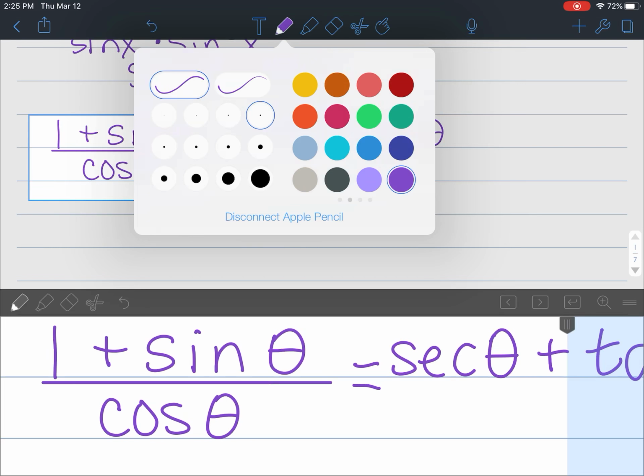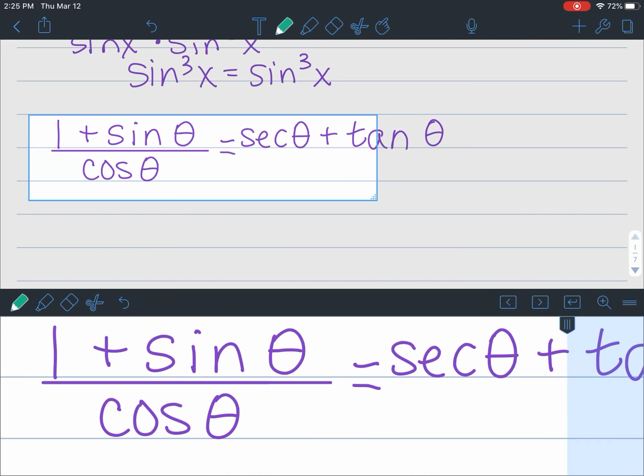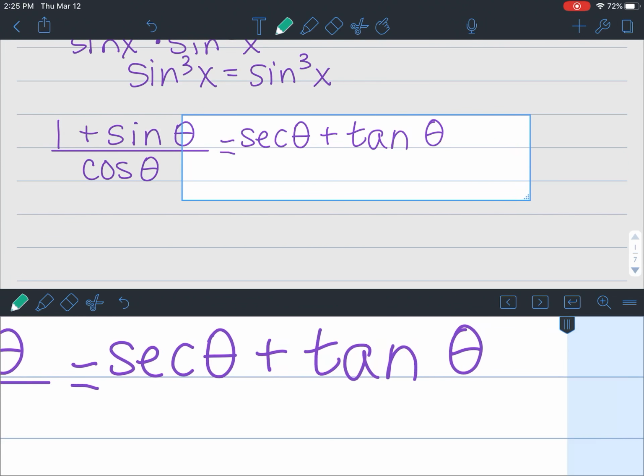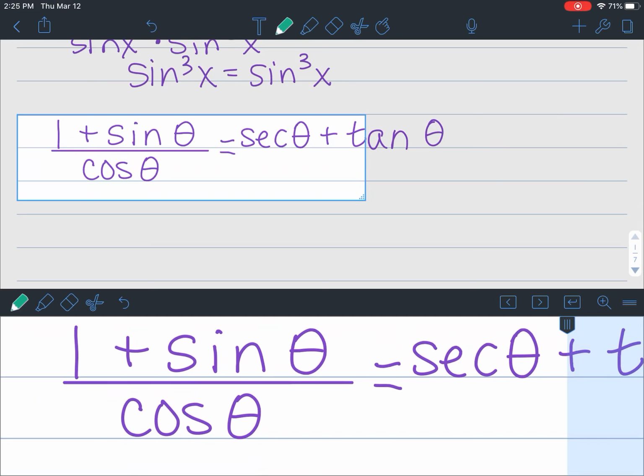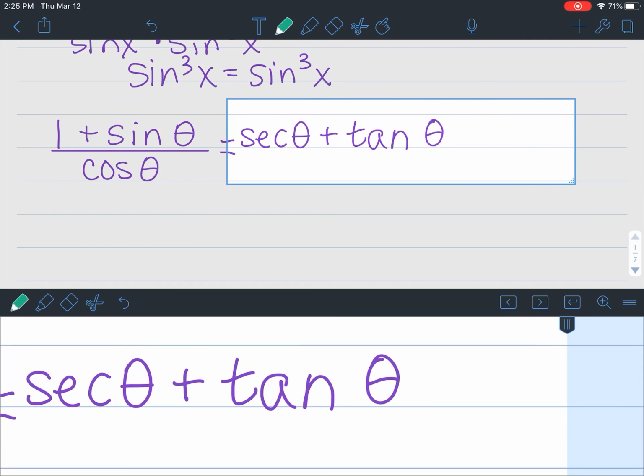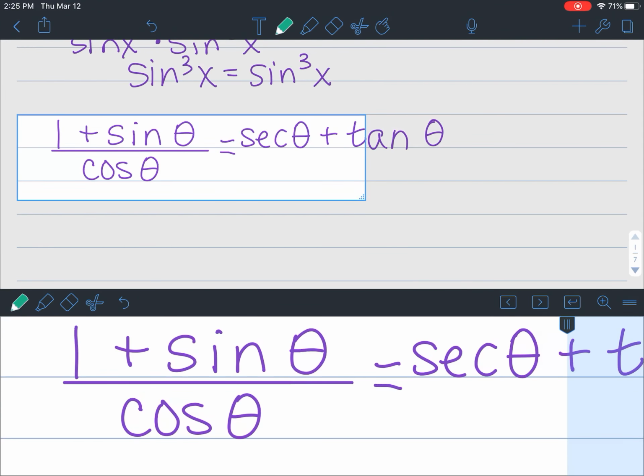So what we can do here is divide this fraction into two fractions, because look over here at what I'm trying to simplify this to. Secant theta plus tangent theta is 2 terms. I don't have 2 terms over here. I need 2 terms. The only way that's going to happen is if I split this fraction up.